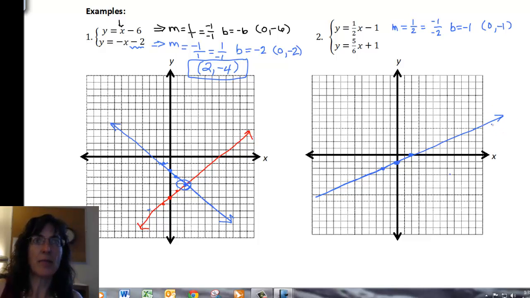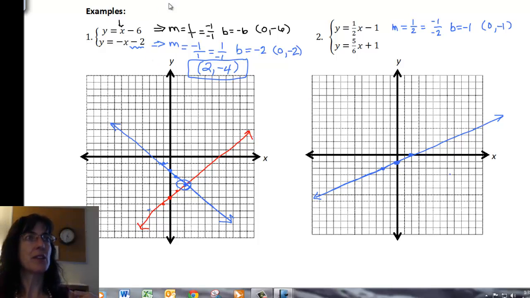There's that line. I'm not sure where the other one's going to intersect, so I wanted to make it nice and large so I could see it. The next line that I need to graph in this system, I have 5/6 x, so my m is 5/6. I have another way of looking at that, negative 5 over negative 6. That gives me two views.